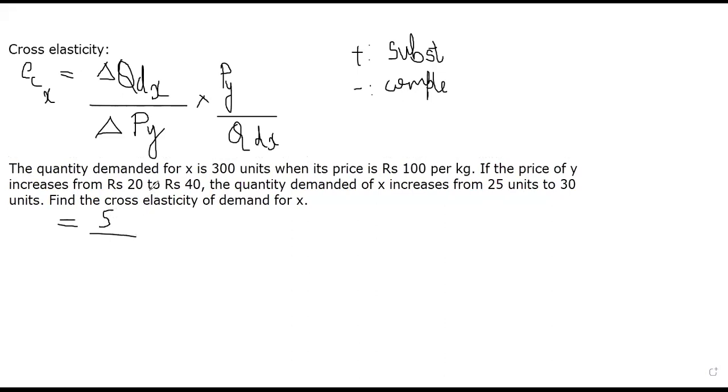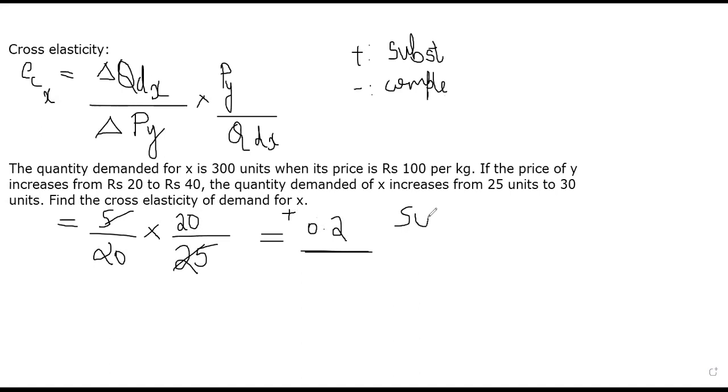At that time, the price of Y is also increasing, at the rate of 20 rupees, into initial price of Y, which is 20, and at that price X bought was 25. So we have 1 by 5, 0.2, a positive value. Since it is a positive value of 0.2, X and Y are substitute goods.